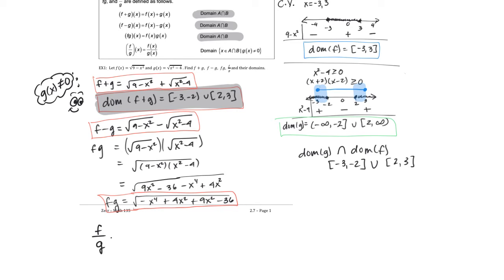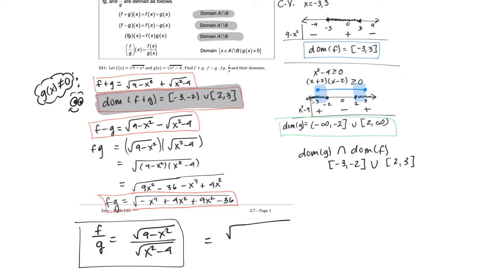f divided by g, so that would be the square root of 9 minus x squared divided by the square root of x squared minus 4. And if we wanted to rationalize the denominator, we could multiply both by the square root of x squared minus 4.